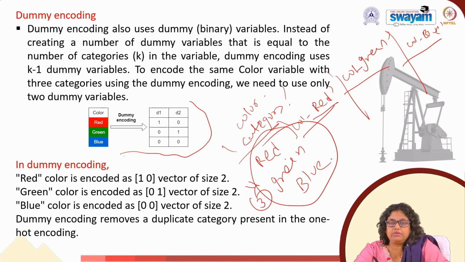If we have three distinct values under the category, three columns get created. This is what we get in one hot encoding.